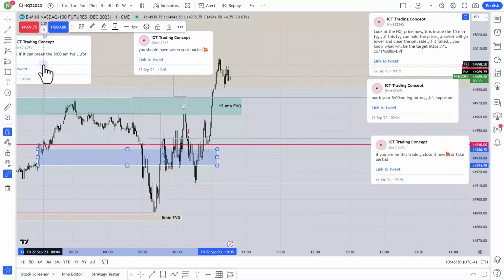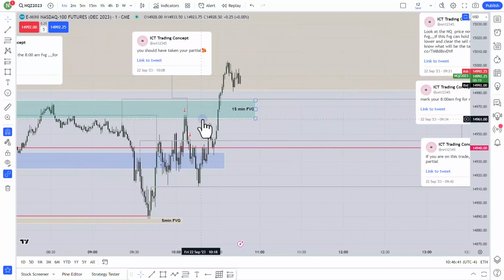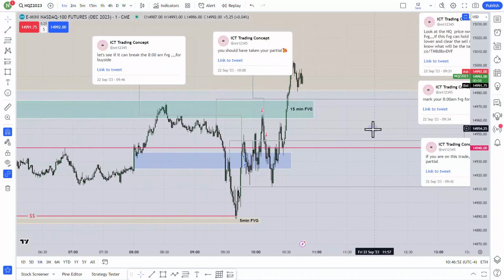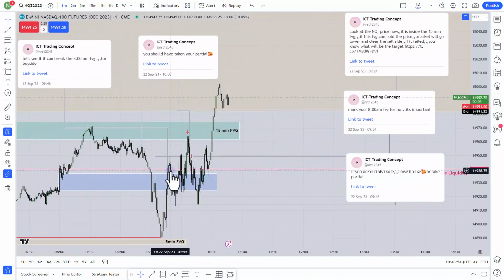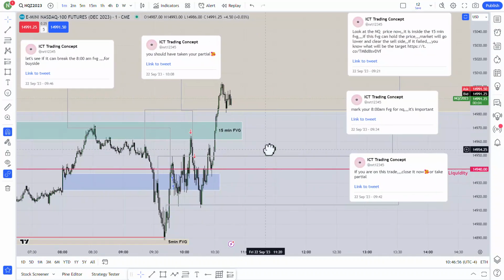And then the last tweet, you should have taken your partial. It was over there. If you have already watched my execution video on my Twitter account, you already know that I recorded it, so you will know that I took my partial over there. So that was the Twitter outlining before actually printing the price to the chart.